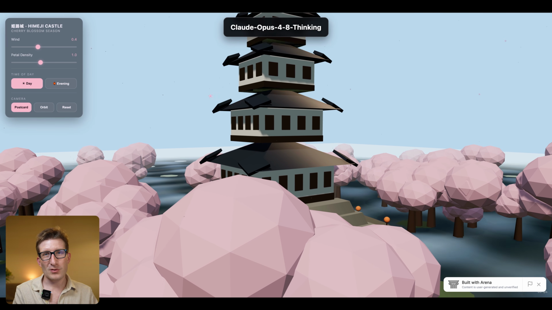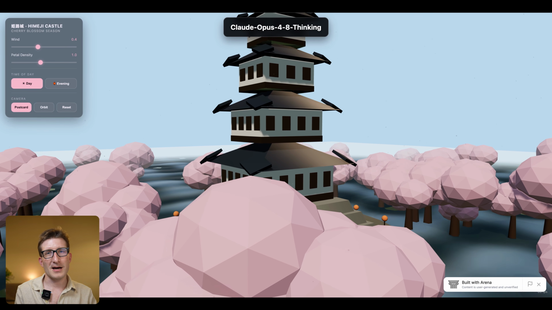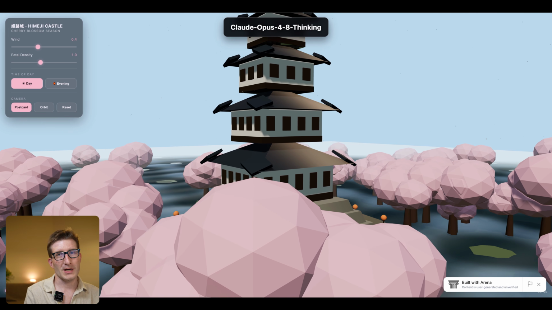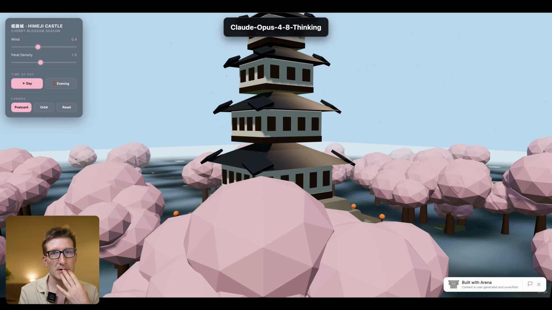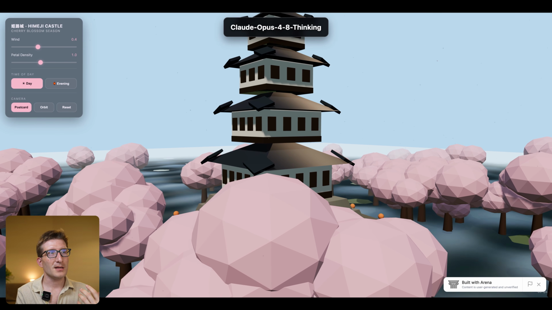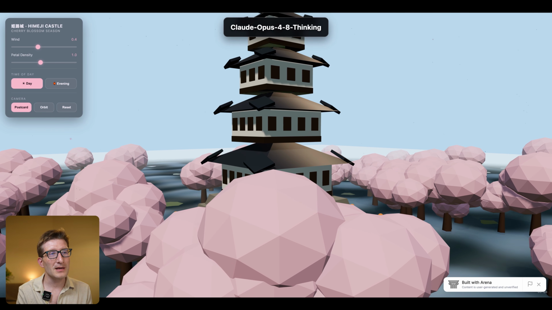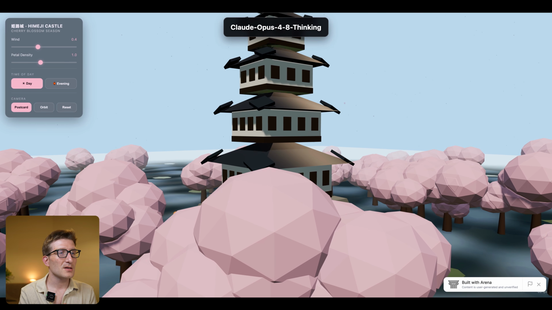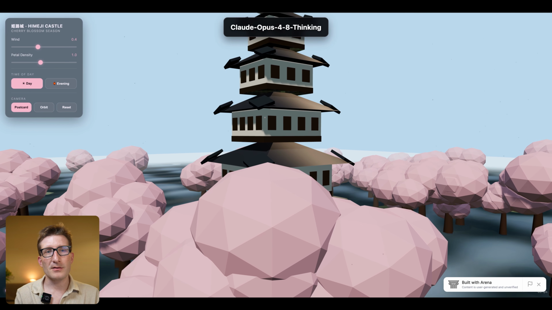But the fact that the non-thinking models do so well is incredible. I don't think there are other non-thinking models that do anywhere near as well. So maybe it's something to note. Maybe it is worth trying if you want to save some tokens, some money. Maybe go in and turn down that thinking and see what you get. Maybe for your task it makes a good difference. So maybe worth trying.